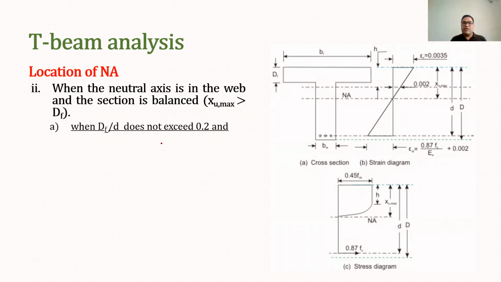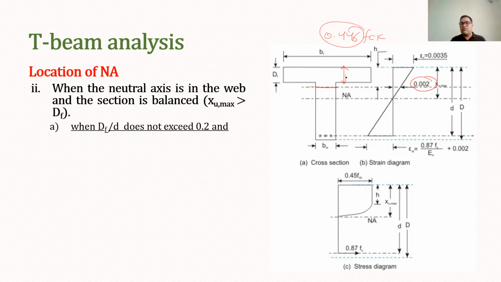Here you can see when the Df by D ratio is less than 0.2, then the fiber of 0.002 strain will lie within the web, which means the whole flange is under constant stress of 0.446 fck.